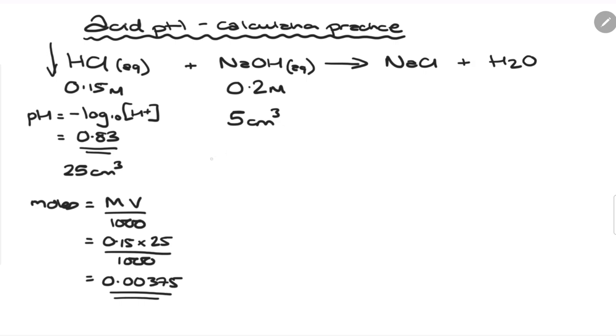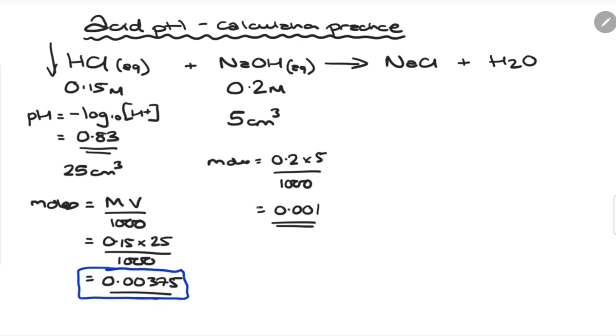If we were to do the same thing for the sodium hydroxide, and we were to take 0.2 multiplied by the 5 and divide by 1,000, that would then give us 0.001 moles of sodium hydroxide. And we can see from there that what we have is a situation whereby the moles of HCl are larger than the moles of sodium hydroxide.